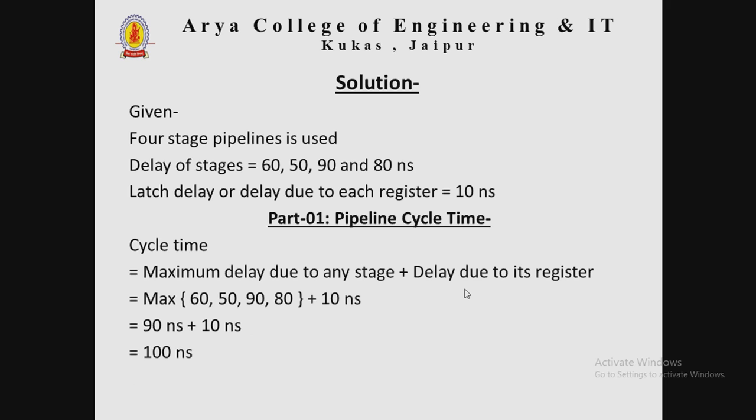So for the first part, the pipeline cycle time equals the maximum delay due to any stage plus delay due to its register. The maximum of 60, 50, 90 and 80 is 90, plus 10 ns for the register. So 90 ns plus 10 ns equals 100 ns.